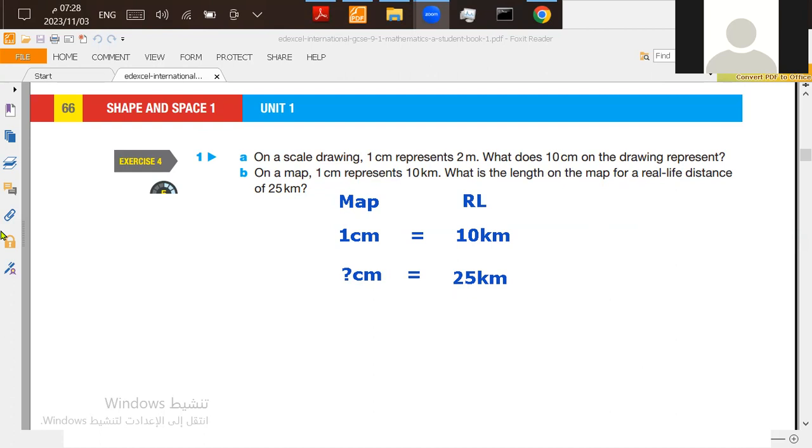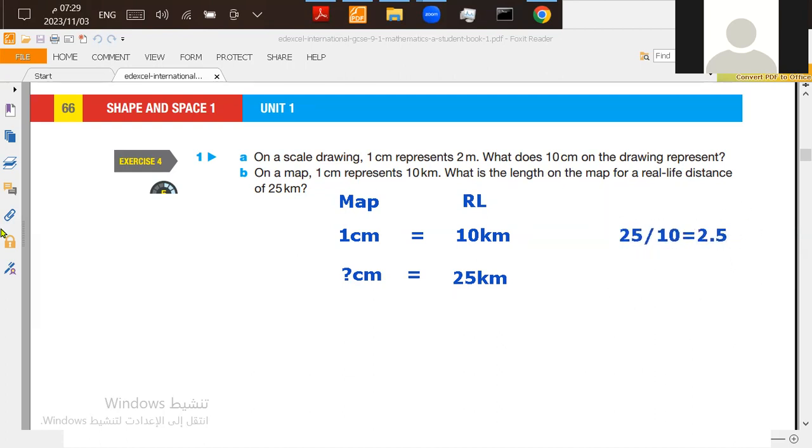Very good, I'm going to divide. Not all of them can be figured without dividing. So I'm going to divide 25 over 10. Since we know my scale, we say 25 divided by 10, and the answer is 2.5. So the constant of proportionality is 2.5.